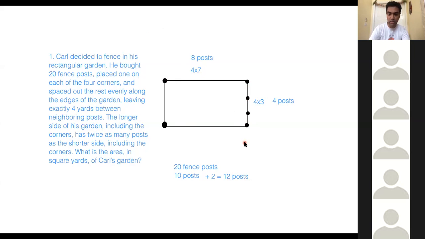So 4 times 3, this is 12 yards. And same thing on this side, we have a total of 8 posts, so 6 more in between here, creating 7 gaps. So 4 times 7 is 28 yards. And this is 12 yards. So the product 28 times 12 gives us 336.